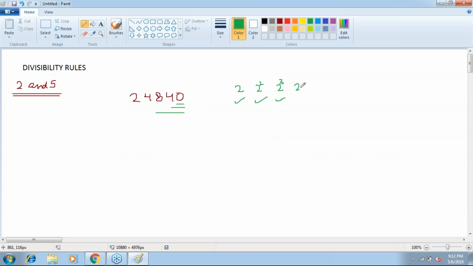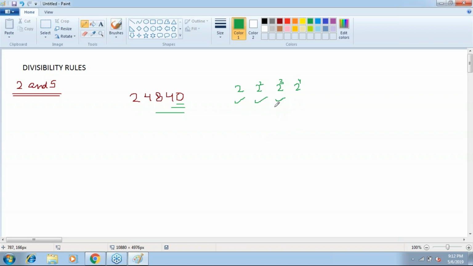Okay, what about 2 to the power 4? So you see, as we increase the power, the test starts taking more and more time. Now, what if the number itself is a 3-digit number and you are asked if it is divisible by 16? 16 is 2 to the power 4. You need to see the last 4 digits. If the number itself is a 3-digit number, you have no divisibility rule.